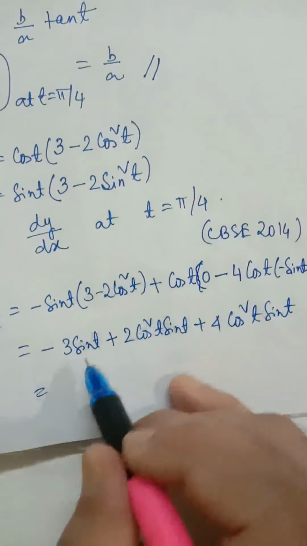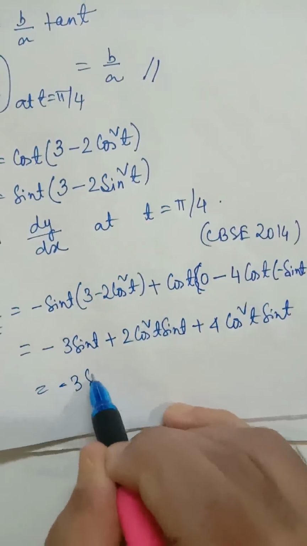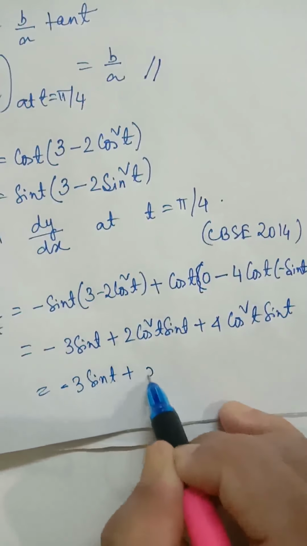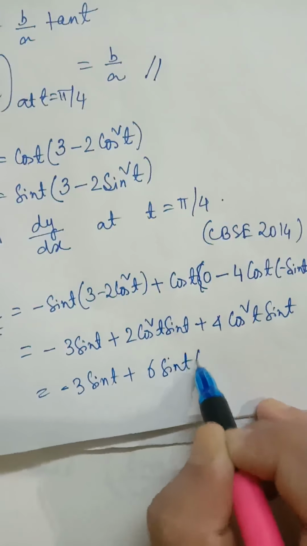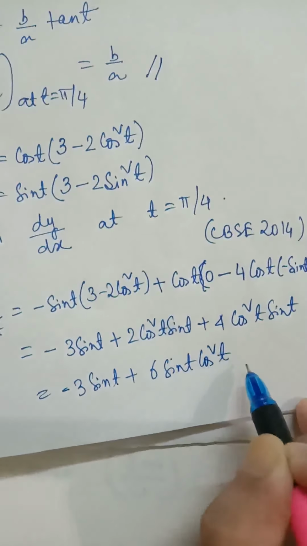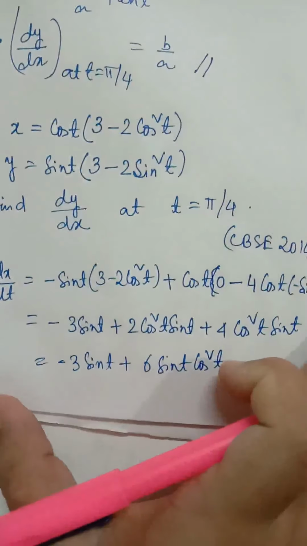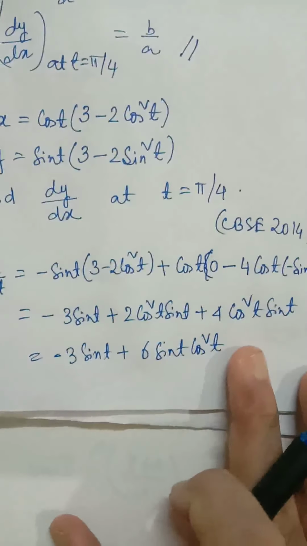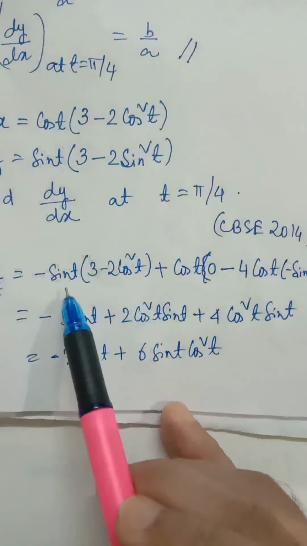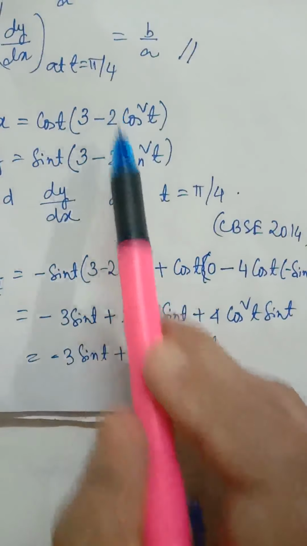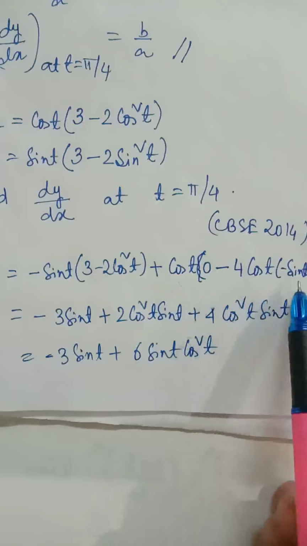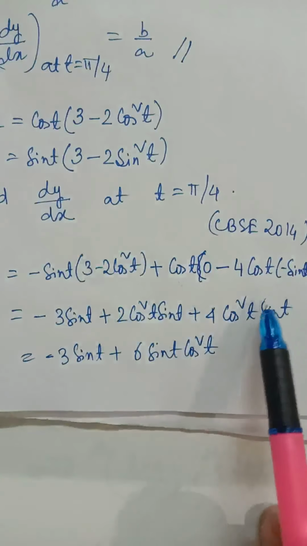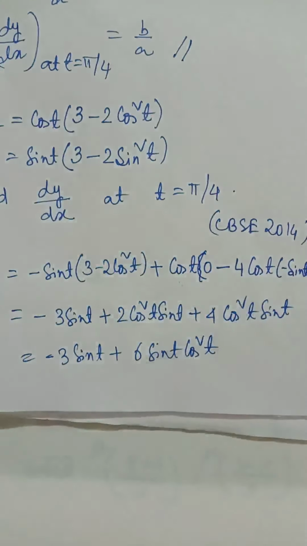So this will be minus of 3 sin t plus 6 sin t into cos square t. This is our dx by dt. Applying product rule, derivative of cos t is minus sin t, this is unchanged, plus cos t unchanged into derivative of minus of 2 cos square t, derivative of 3 becomes 0, and simplifying we get this.